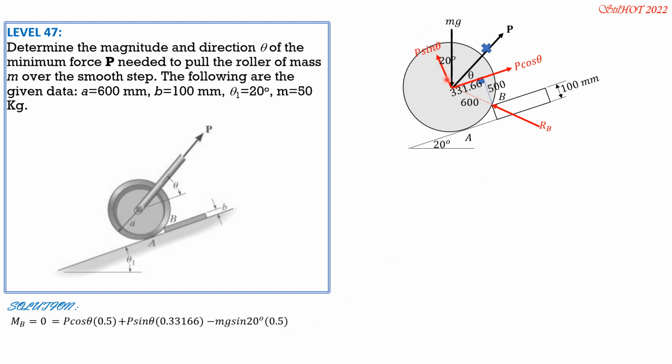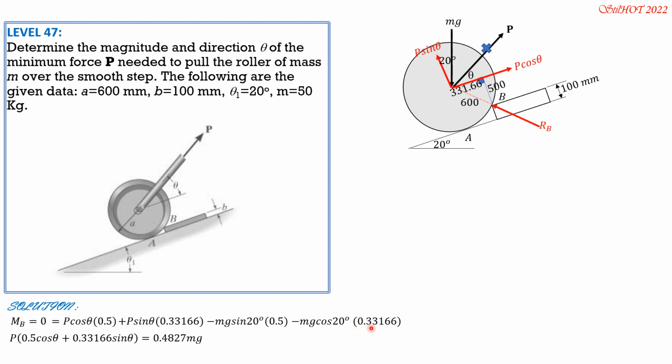Then the component perpendicular to the incline is mg cosine 20, then moment arm, minus also, it is counterclockwise, minus mg cosine 20 times 0.33166.